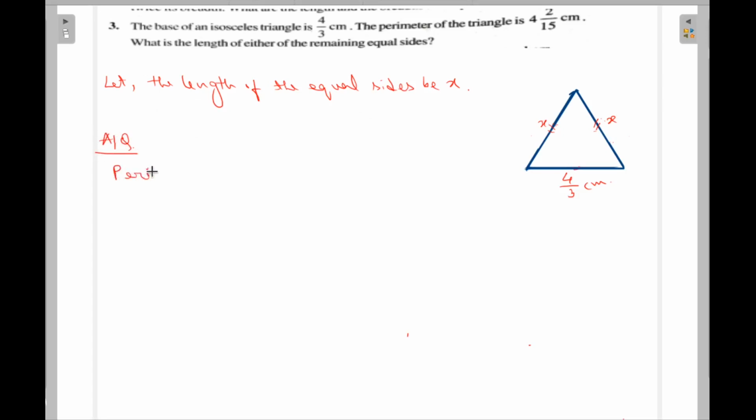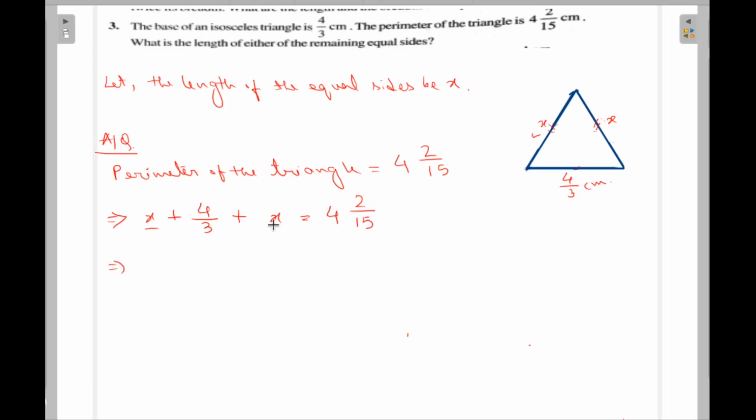Perimeter of the triangle equals 4 whole 2 by 15. So this implies the perimeter of a triangle means the sum of the three sides. This side is x, so we will write x plus the base is 4 by 3 plus the other side is also x, equals 4 whole 2 by 15.